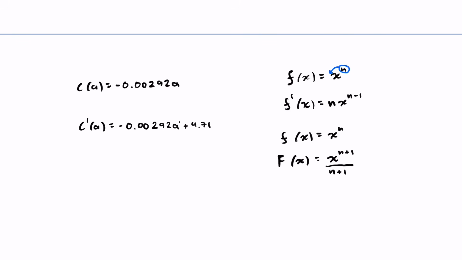So if there was previously a 1, we add 1, now it's 2. So adding 1 to our exponent, and then dividing by the value of that new exponent. We added 1, became 2, and we divide by 2. Plus, here we have 4.71, and here we would have 4.71A.